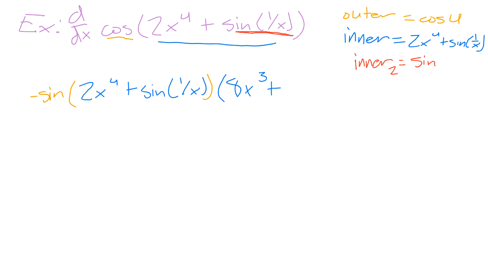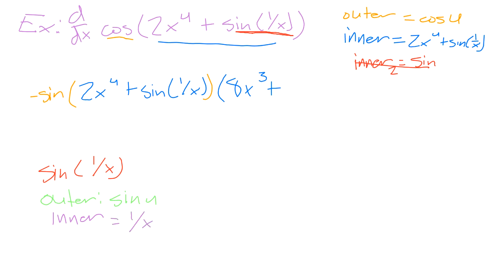Or, as a better way to say it, we can treat this sine of 1 over x as its own inner and outer functions, to where its outer function is sine, and then its inner function is equal to 1 over x.